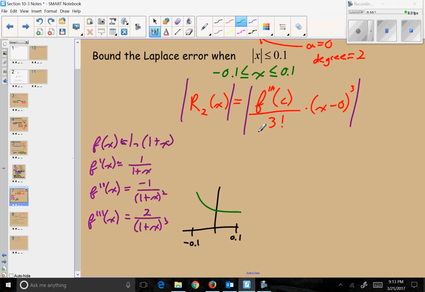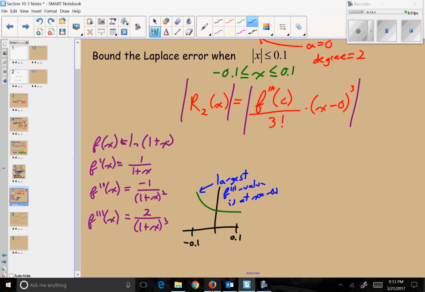The c is going to be wherever my derivative is largest, because I want to know the largest error. Well, the largest f triple prime value is at x equals negative 0.1. So that's what I'm going to use for c. I'm going to use negative 0.1.